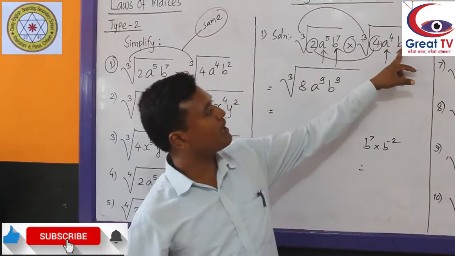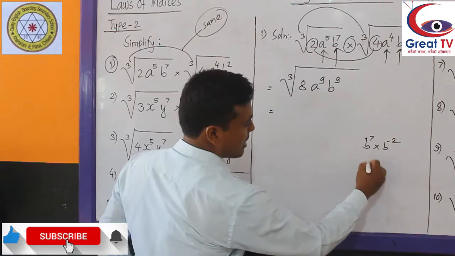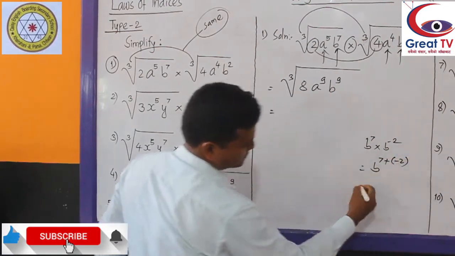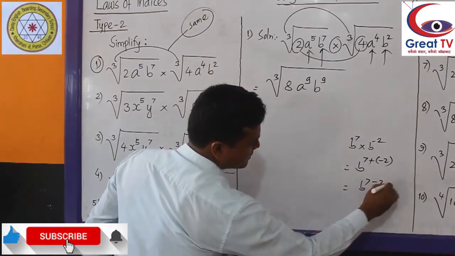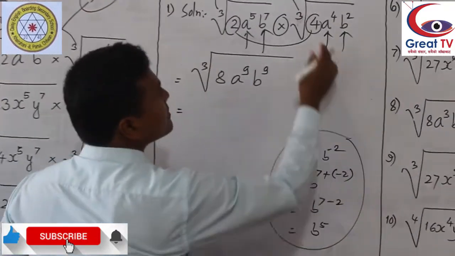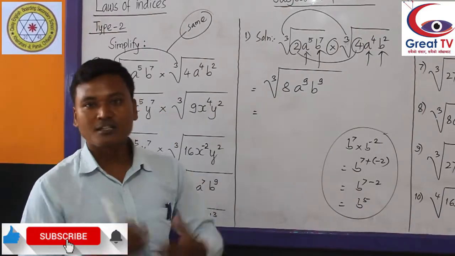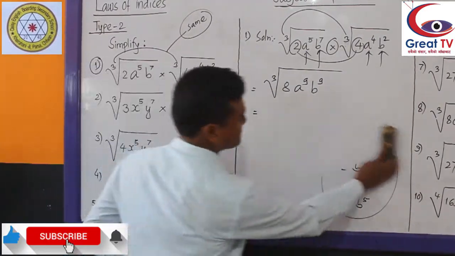If the power of b is negative, we know in multiplication we add the powers: 7 plus minus 2 gives b to the power 7 minus 2, which is 5. So if some powers are negative, don't get confused. We can solve using the similar idea.